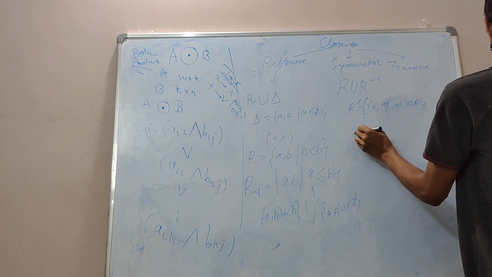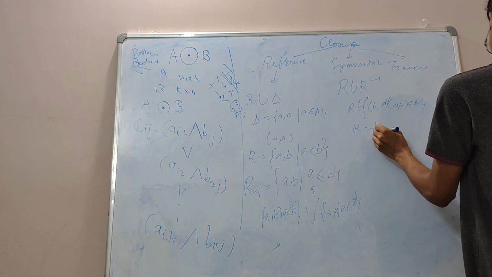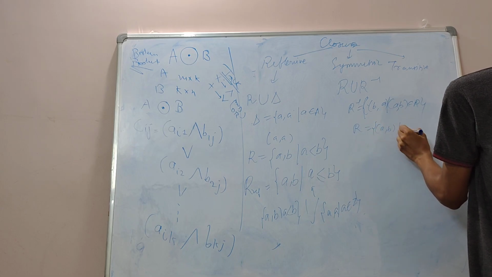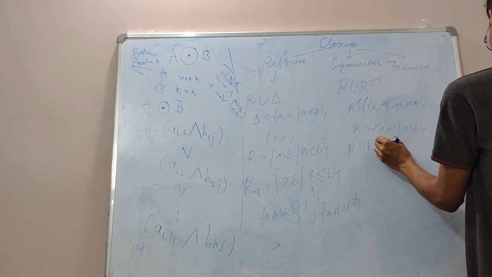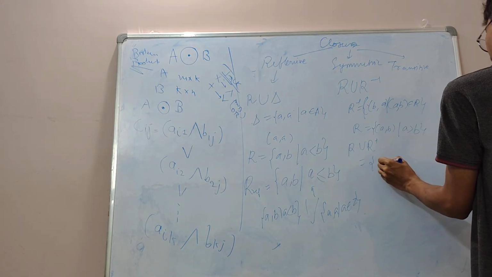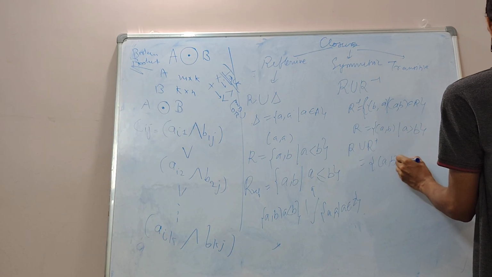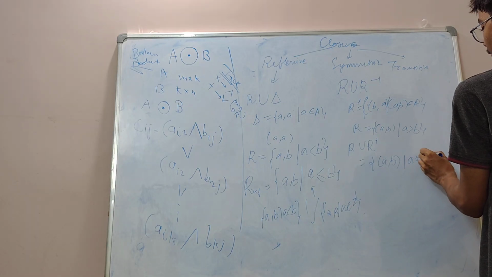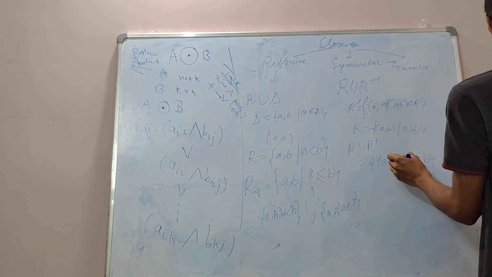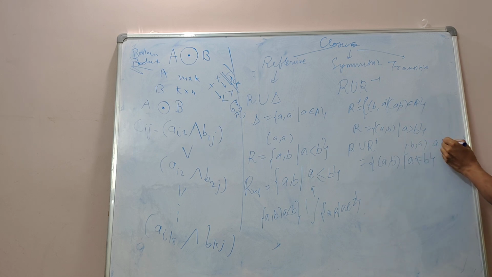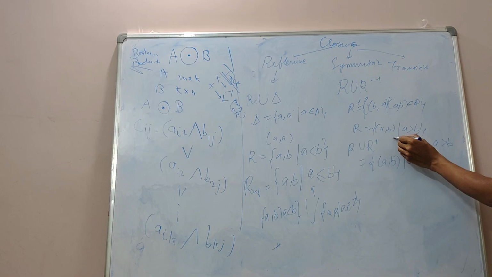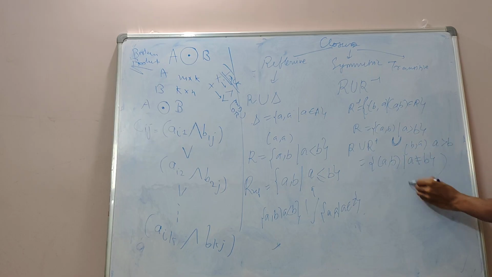So suppose R is (a, b) such that a is greater than b, then R union R inverse will give me (a, b) such that a does not equal b, because I will take all cases also of (b, a), a greater than b, right? And when I perform union, so I will get this thing.